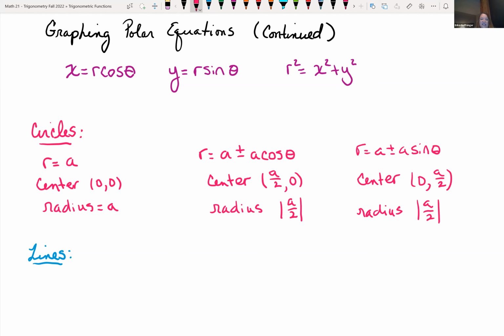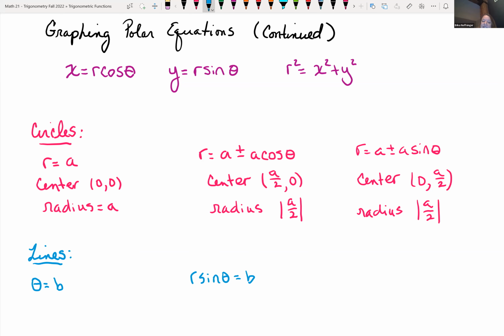Then we looked at graphing some polar equations which gave us back lines. If we were to have a graph that looked like a line, the following forms applied: theta equal to some real number, let's call it b. Or we could have the form r sine theta equals some number b.